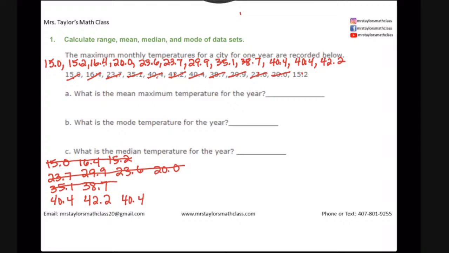So I get 15, 15.2, 16.4, 20, 23.6, 23.7, 29.9, 35.1, 38.7, 40.4, 40.4, and 42.2.